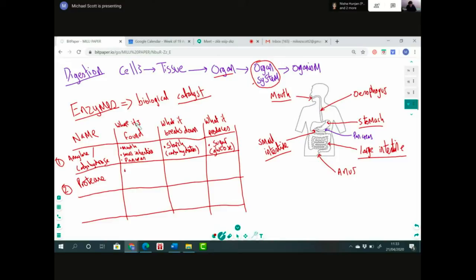But let's just discuss first of all where it's found. So protease is found in the stomach. It's the only enzyme actually to be found in the stomach. We find it in the small intestine, and again, it's produced by the pancreas.